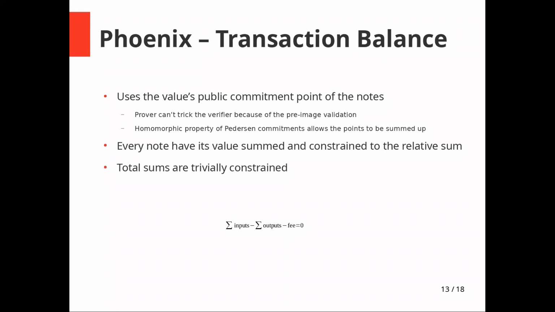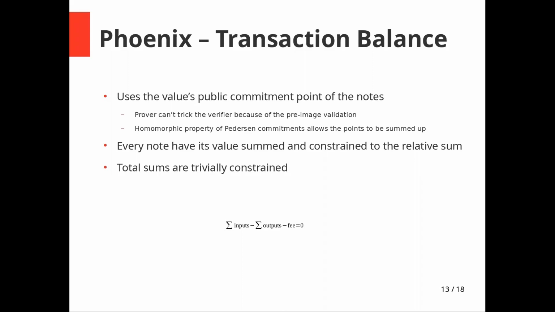Since the Pedersen commitments for the bulletproofs are homomorphic, we can just sum these commitment points, and they will represent the sum of the values of the nodes. So we basically create two pairs of multipliers, one for inputs and one for outputs. So if I identify that a node is of type input, and this is public information, I sum the commitment points to the multiplier of the inputs.